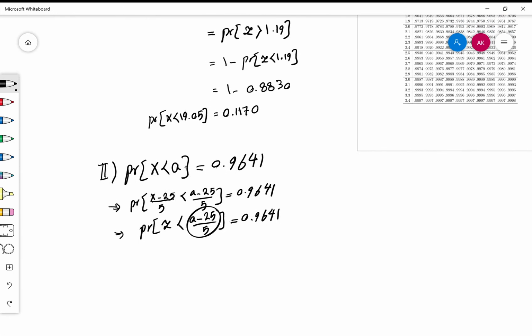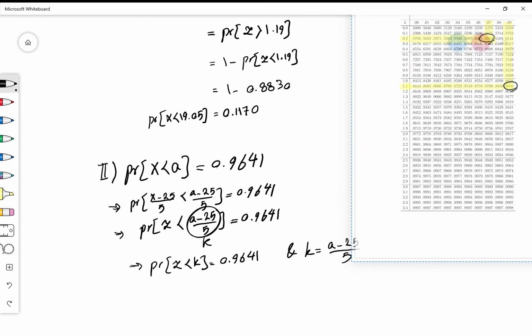Let's just replace this guy by k. So we basically have the probability of z less than k equals 0.9641, and we know that k is a minus 25 over 5. So if I find k, I can find a.